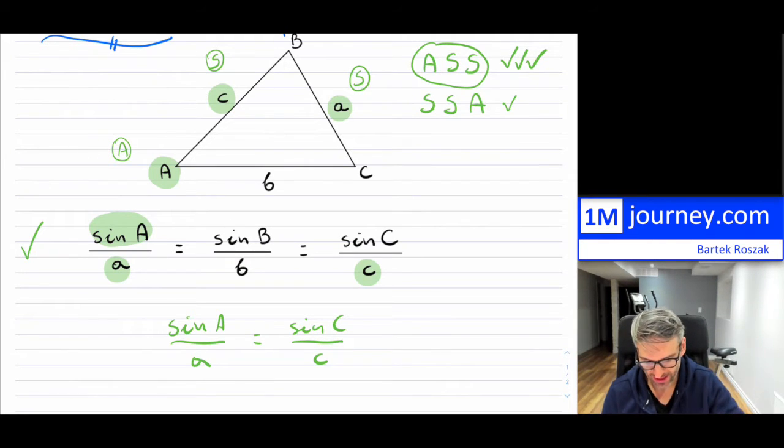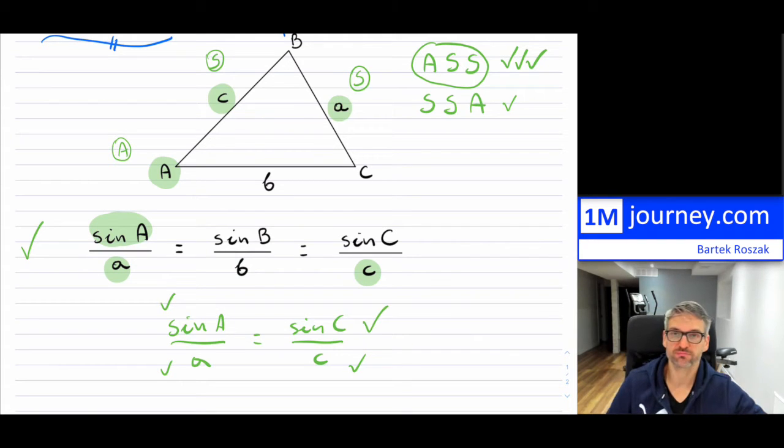You can rewrite that, and since you know these three, you can find this angle, no problem. And it's true, you can find it. But I'll show you why it's ambiguous and why it's a little bit tricky in just a moment.